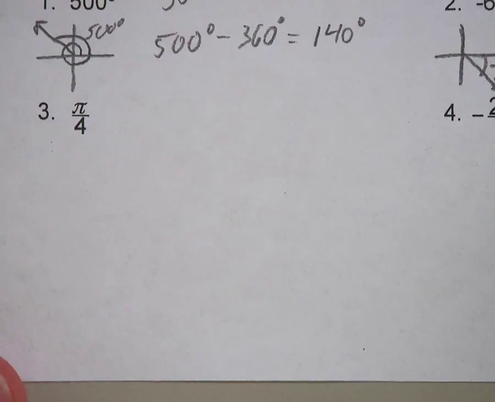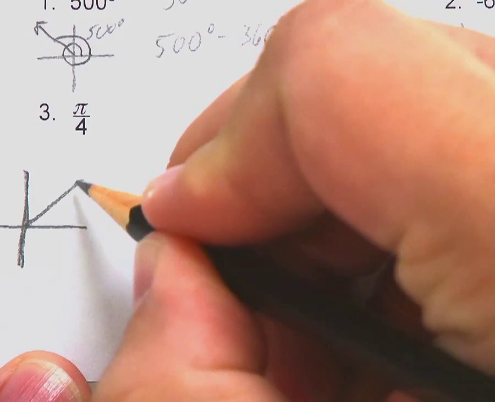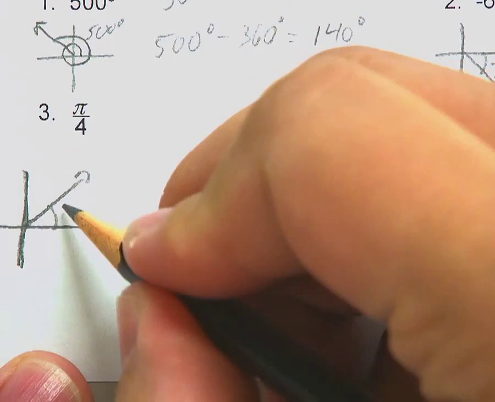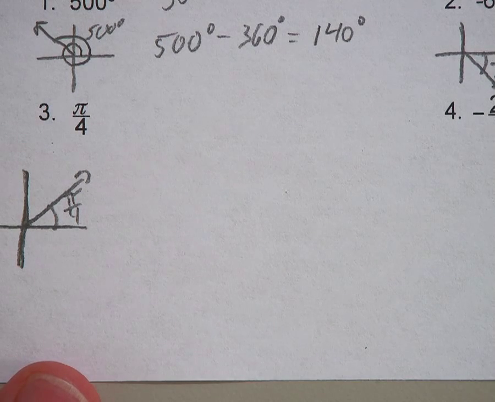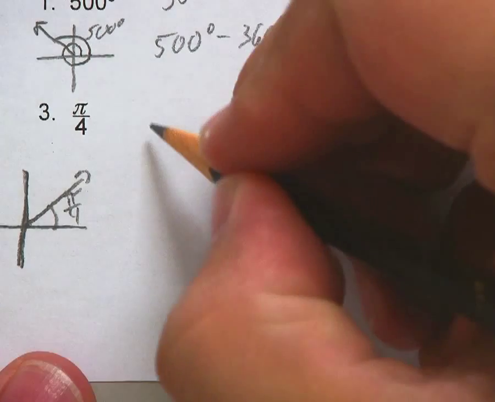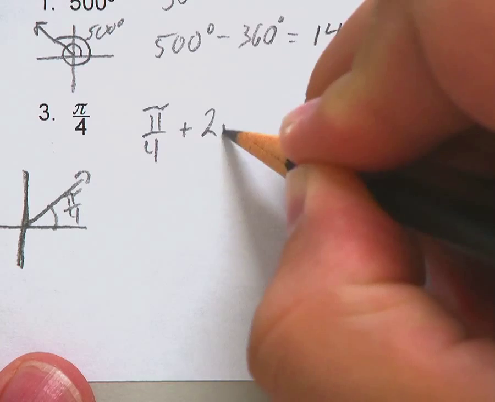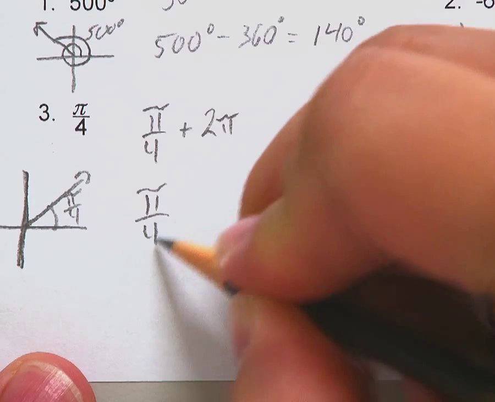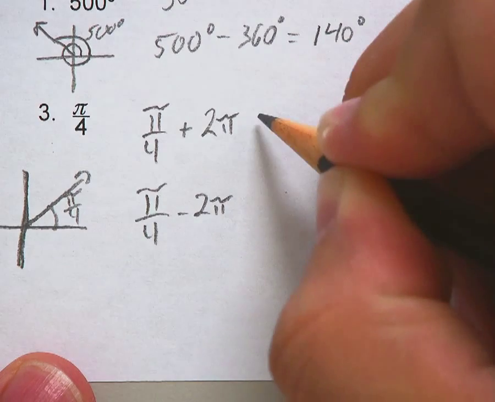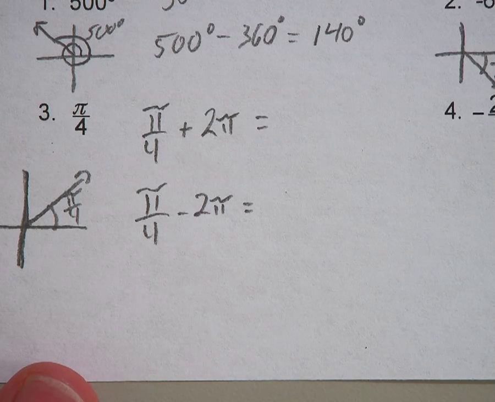Alright, let's go over here to pi over 4. Let's start with this one on just drawing pi over 4. Pi over 4 is in the first quadrant. Now we're in radians here. So I'm going to take my pi over 4 and I'm going to add 2 pi. Add one rotation. Take your pi over 4 and subtract 2 pi. And we know that we can't do that unless we have common denominators here.